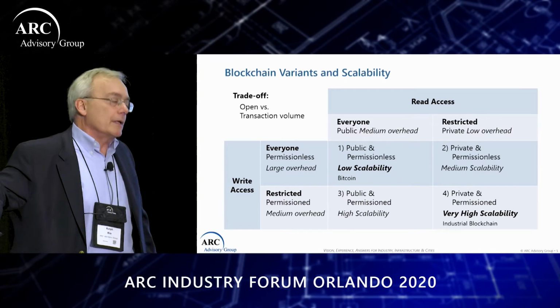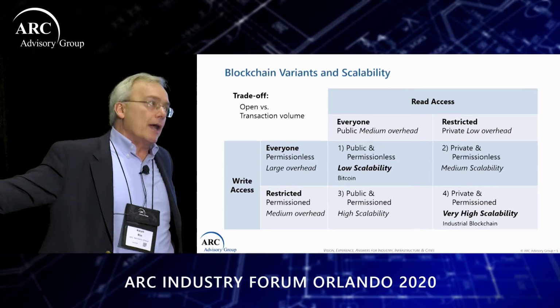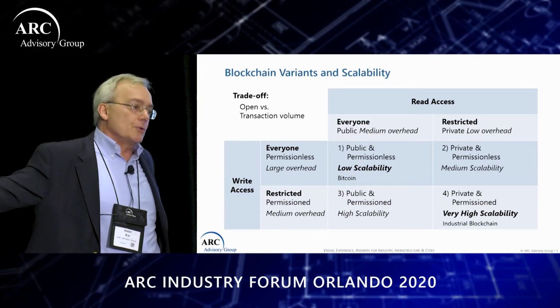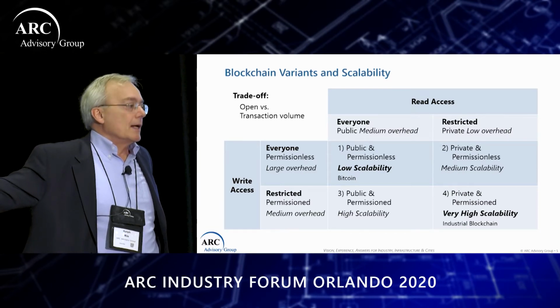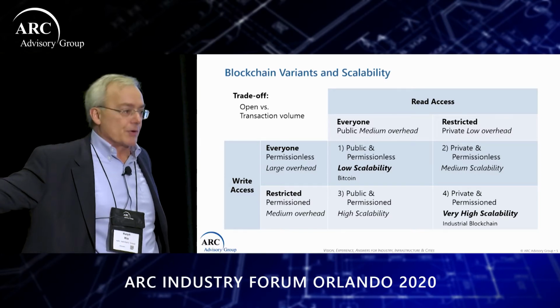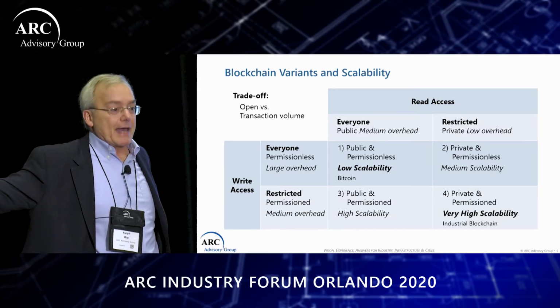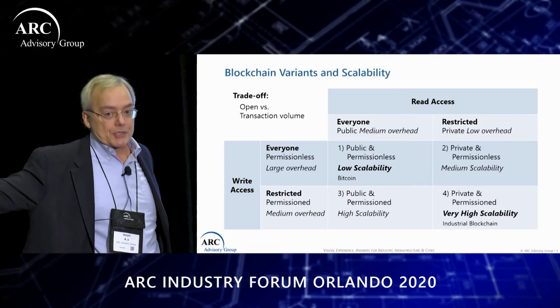So Bitcoin right now has about 2 to 5 transactions a second globally. People a lot smarter than me have done some analysis, and depending on the person, they say its capacity is 7 to 10 transactions a second.